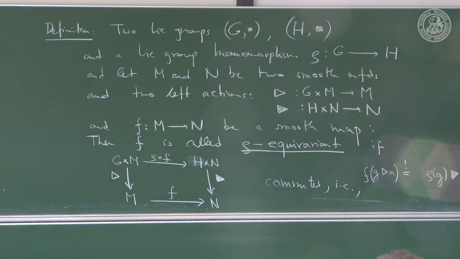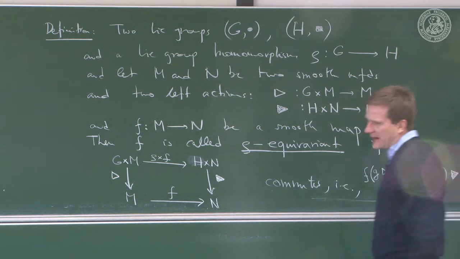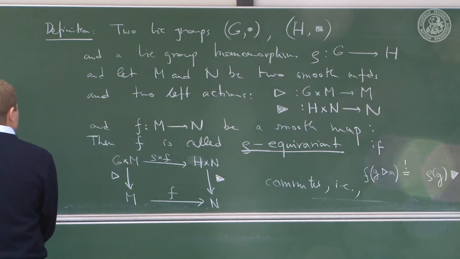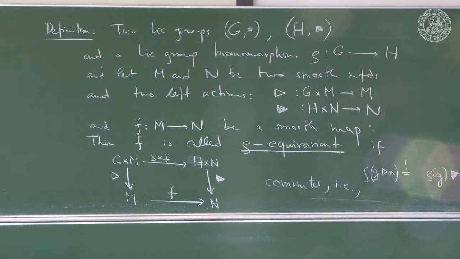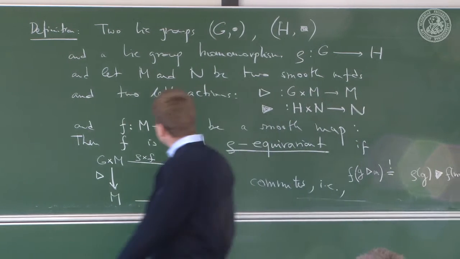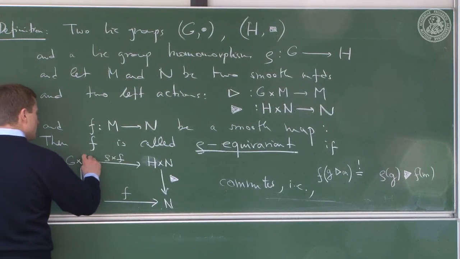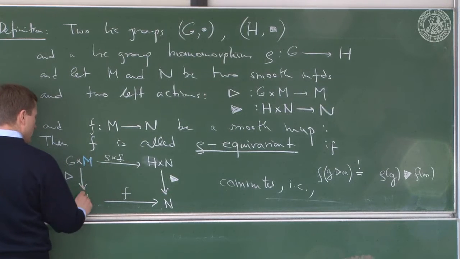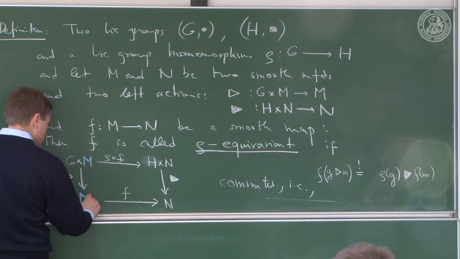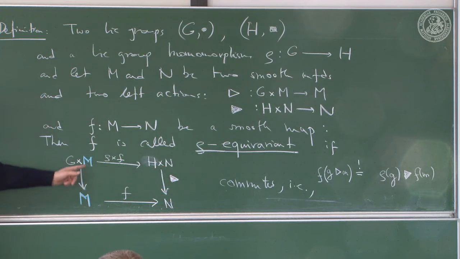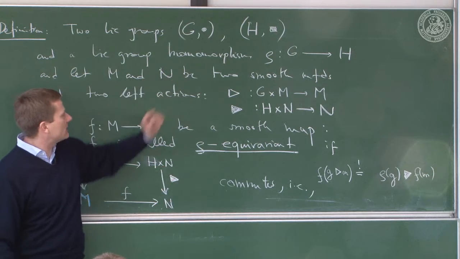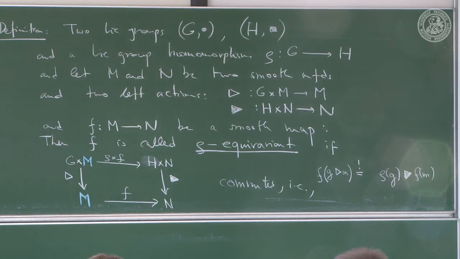So it's a new word, rho equivariant, and what does it talk about? Well, it talks about if you have two manifolds that are each equipped with a left action. You have the manifold N equipped with this action, the manifold M equipped with this action, not of the same group, but by groups that are connected by a group homomorphism.